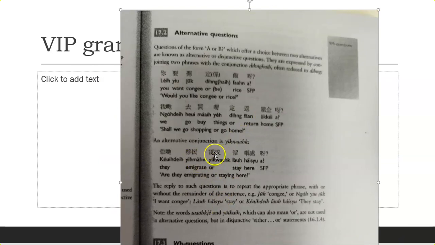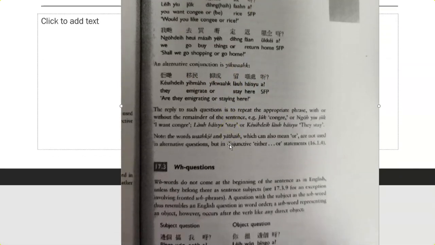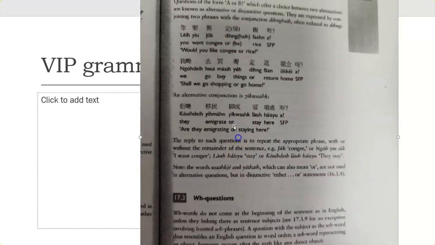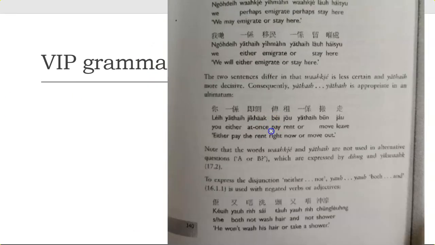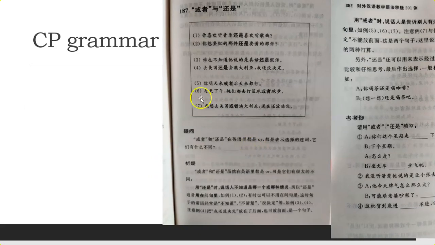We also have another one called 抑或. It's also used in questions. 佢哋移民抑或留喺度啊? So there are two ways. You can see 定係 is a question format, and 或者 is a statement.